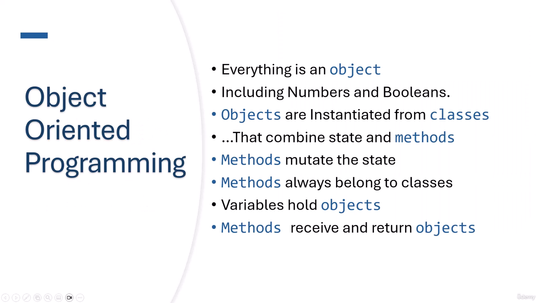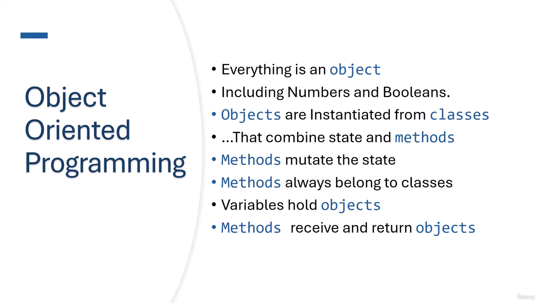Now, when we think about object-oriented, everything is an object. Okay? Numbers are objects. Booleans are objects. Objects are instantiated from classes, and the classes include state and methods. Methods contain the logic that might mutate the state.